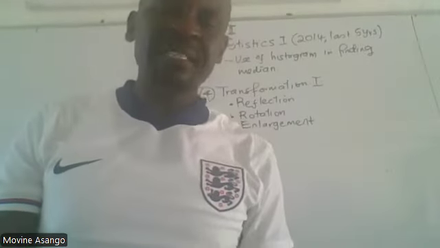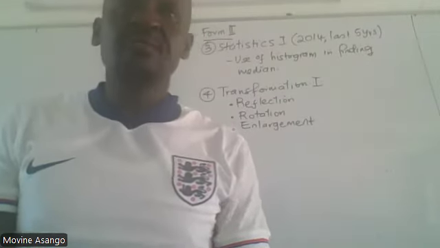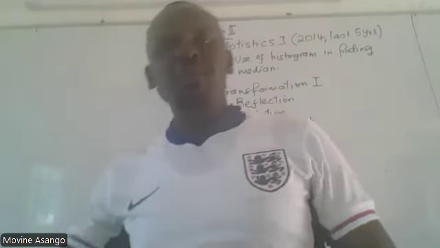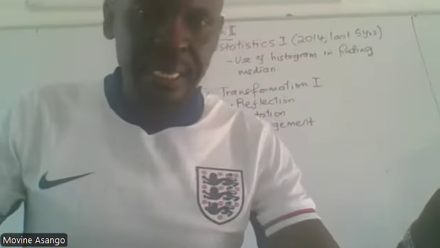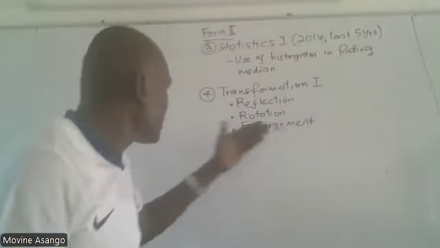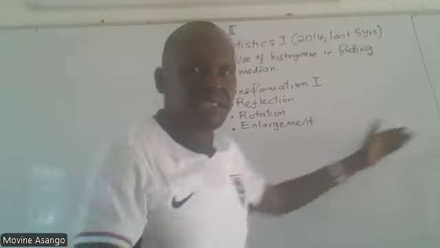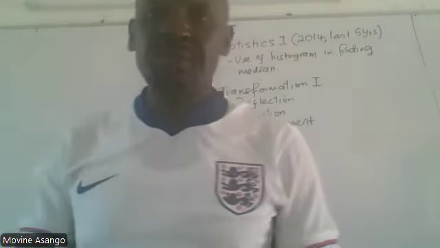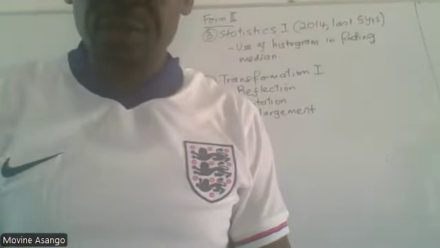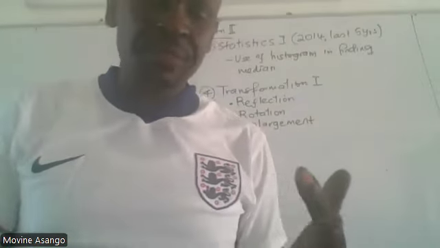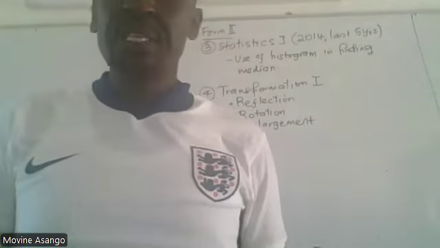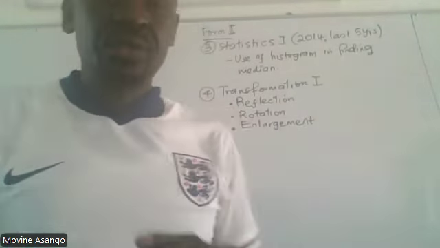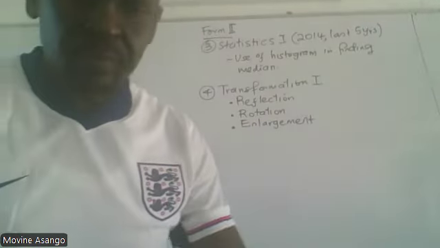In negative scale factor, it means the object falls on the opposite side from the center. So can you describe an enlargement? Enlargement, center, scale factor. Whenever you're describing enlargement, you must mention those components. You state the center, and you also state the scale factor.